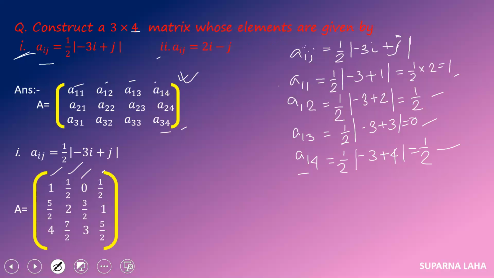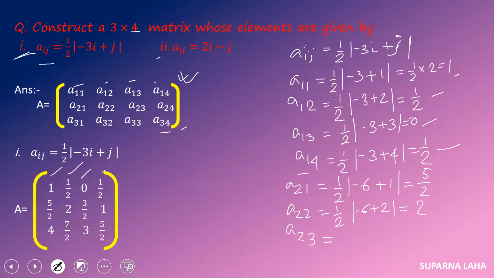So let's similarly check A21. Half of mod of minus 6 plus 1, that means minus 5. Mod of minus 5 is 5, into half, that is 5 upon 2. A22: half of mod of minus 6 plus 2, that is 4 by 2, that means 2 only.